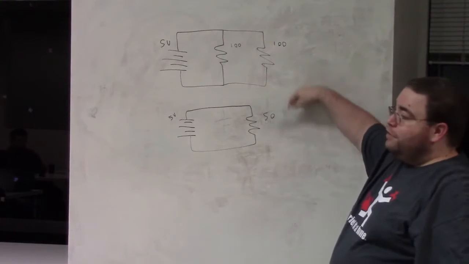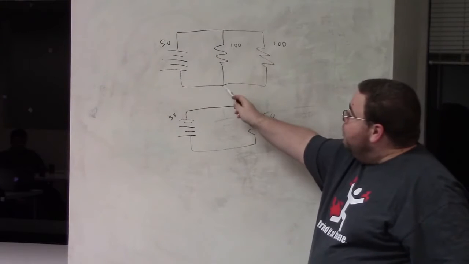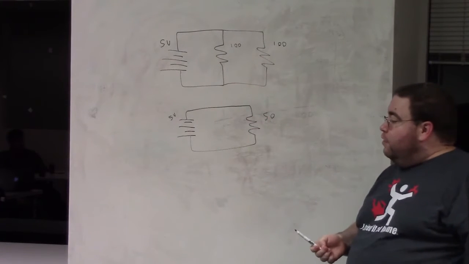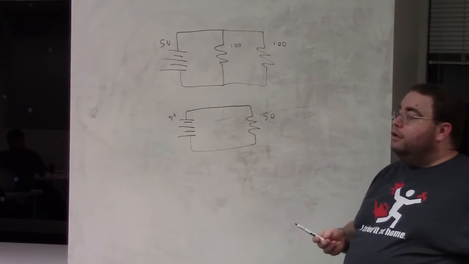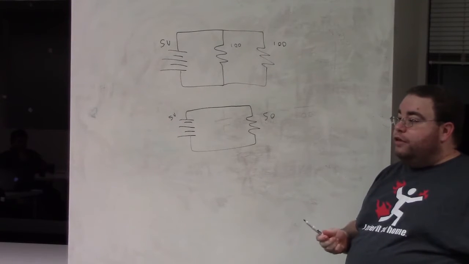These 2 circuits are going to have the exact same current in them. The only difference is you could put a component here and add on to it. That's about all I had, other than just questions.